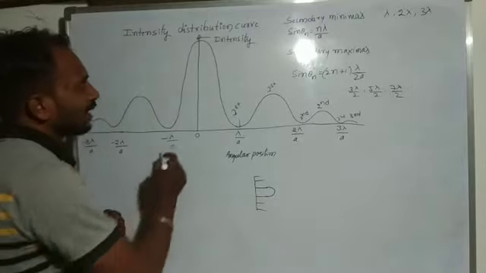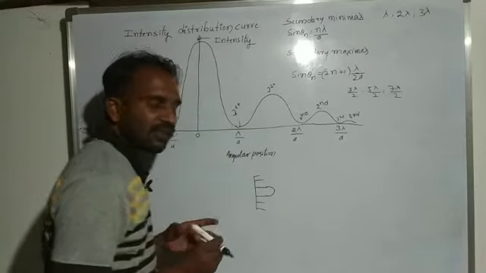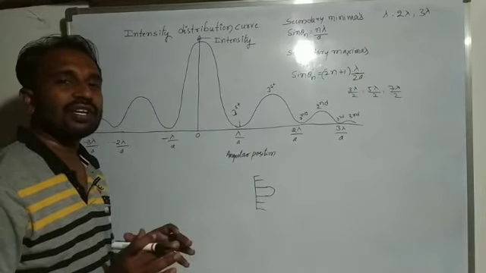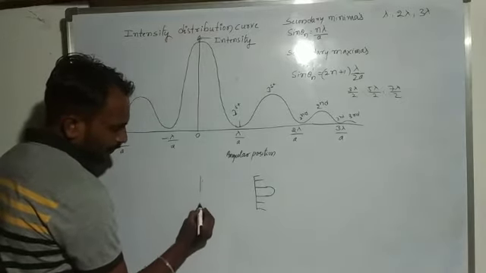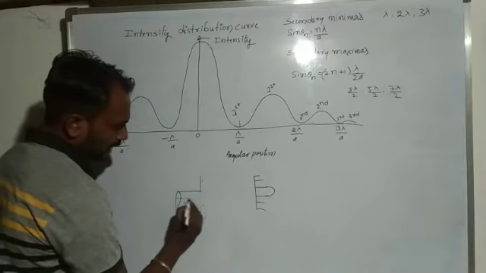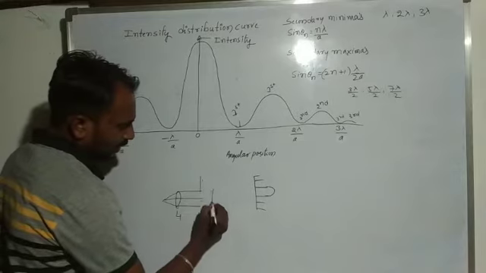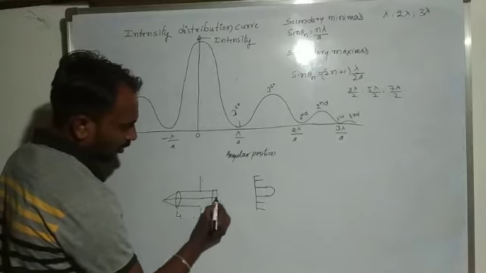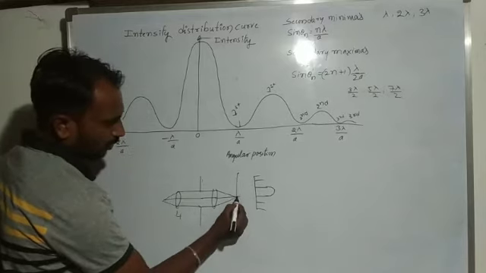Because in the central maxima, the path difference of the waves is 0. Why? Because the light rays from lens L1 focus on another lens, and then they converge on the screen.